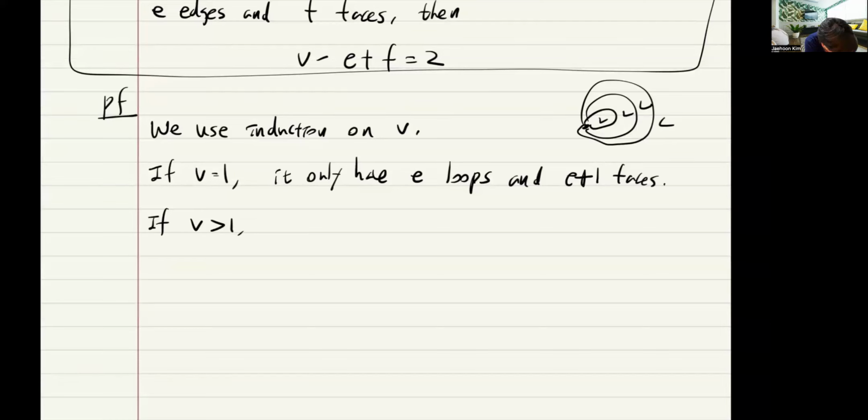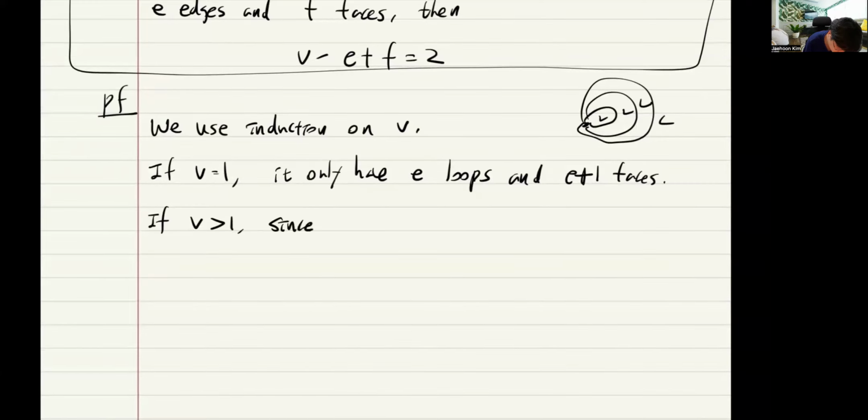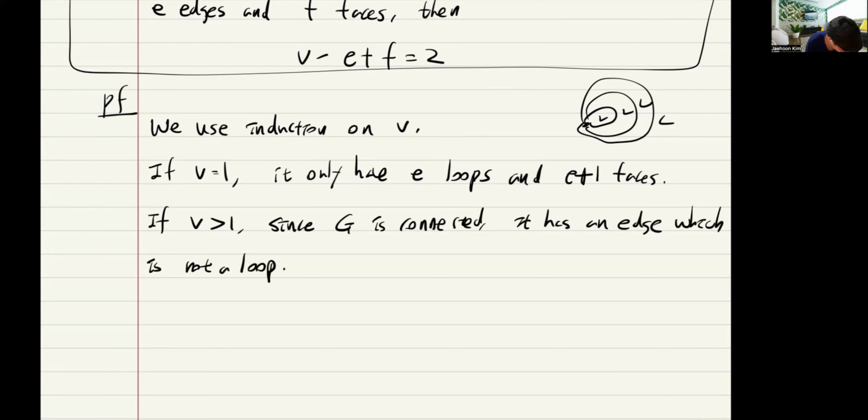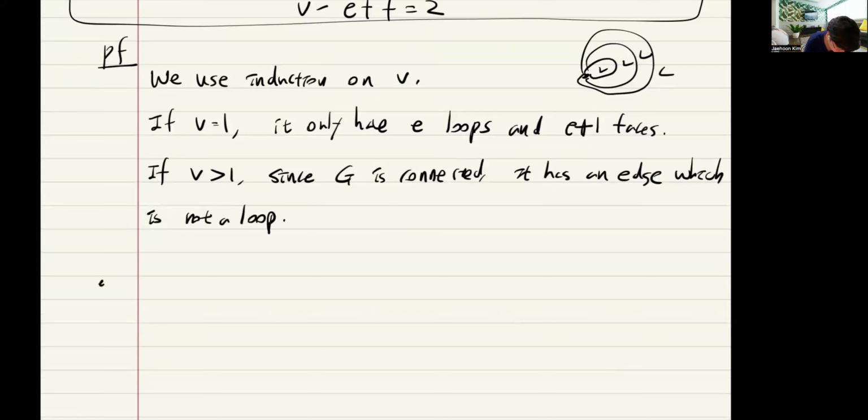It proves the base case. If p is bigger than 1, since G is connected, it has an edge which is not a loop.